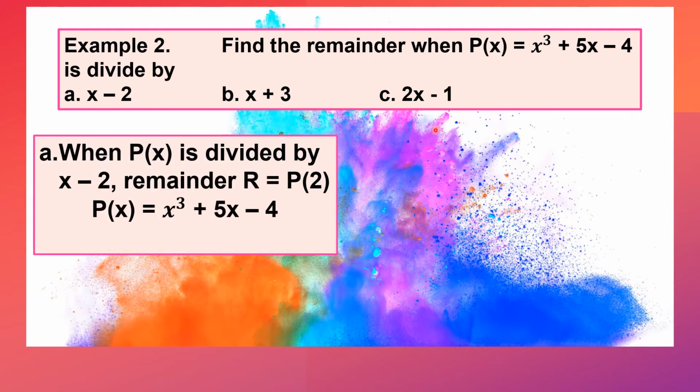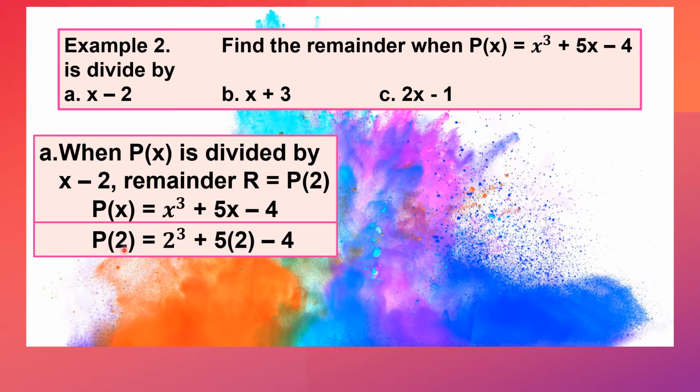So for letter A, we have when p of x is divided by x minus 2, our remainder r is equal to p of 2. Why 2? Because if we are going to equate x minus 2 into 0, x is equal to positive 2. So let's change all x here to positive 2.